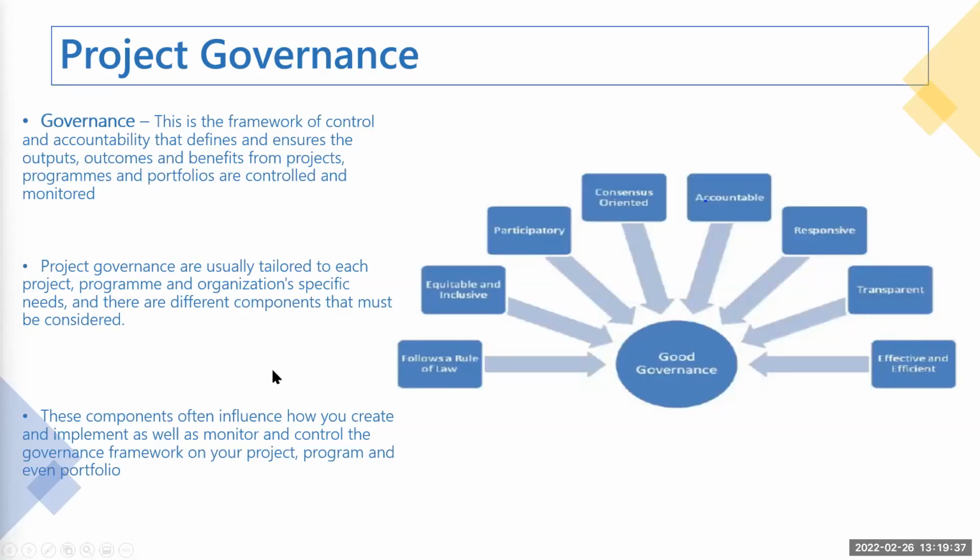So what is a governance? Governance has a framework of control and shows who is responsible for what, how do we want to define project outcomes, project deliverables, and the benefits.